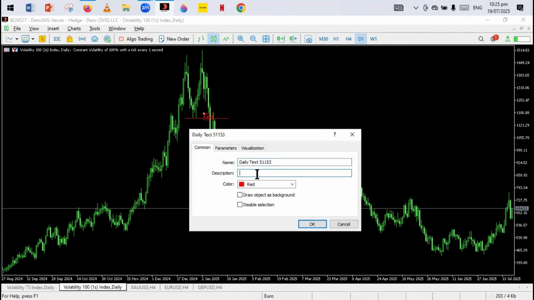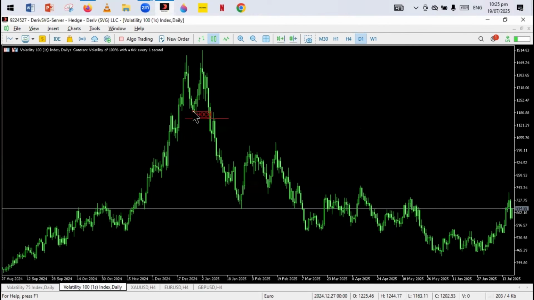So from buying, now we had sellers in the market. So that is how you can tell the moment buyers are unable to maintain structure, then the sellers came in.